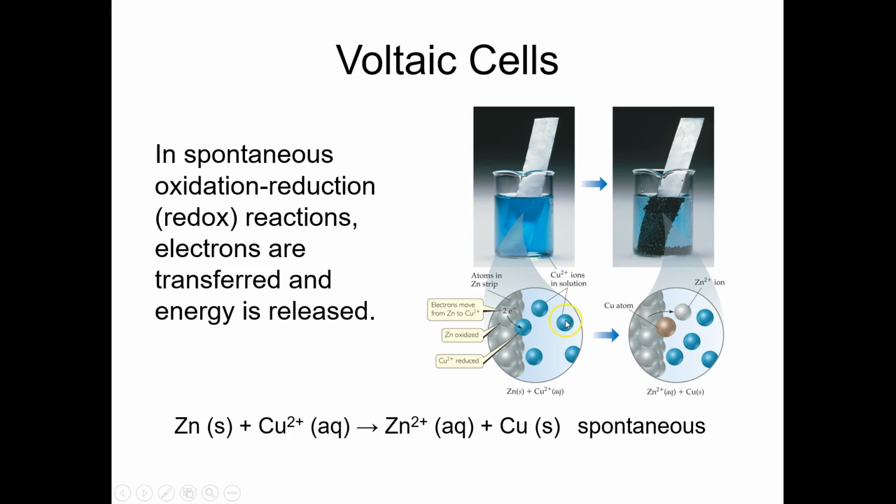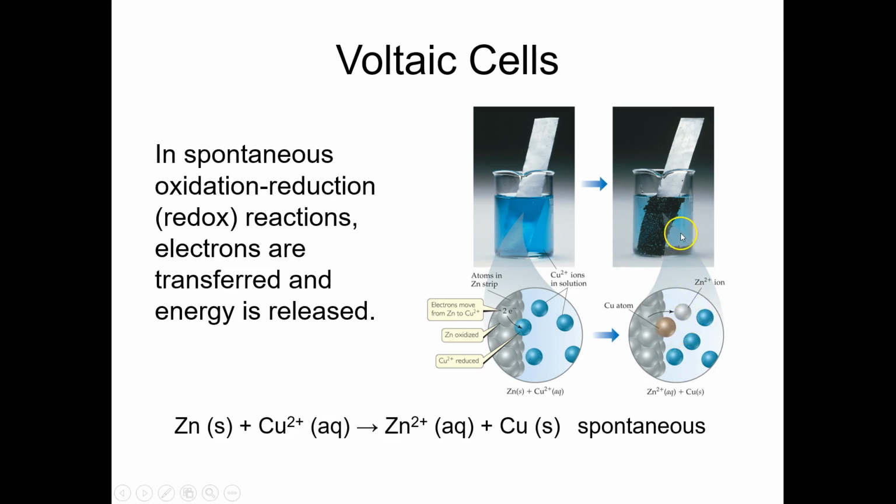The copper ions, which are blue, are gaining 2 electrons from the zinc, and they are plating out on the surface of the zinc. And so blue copper 2 ions are being converted into red copper metal. Silvery colored zinc metal is being oxidized into clear, or colorless, zinc ions.